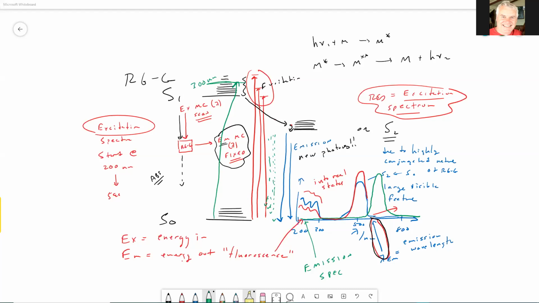Or you could also answer, are these red or blue shifts? They are definitely red shifts, right? And red is Stokes.